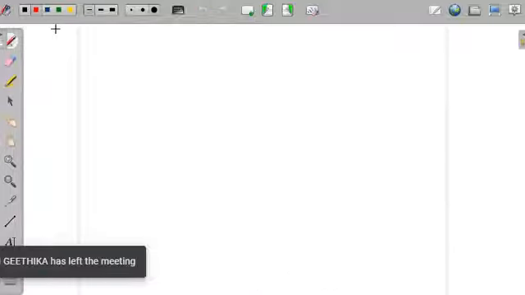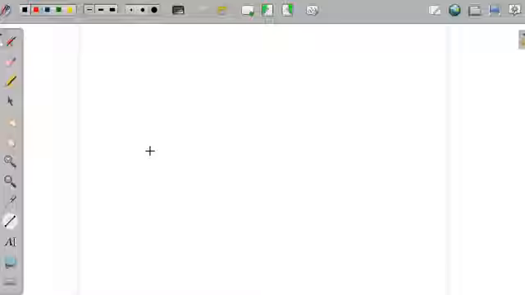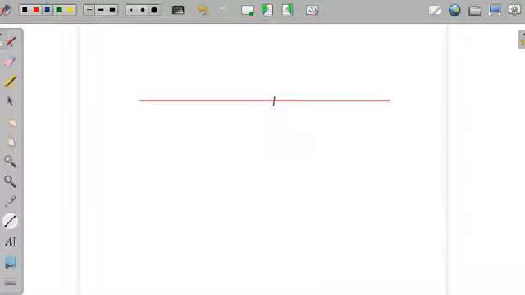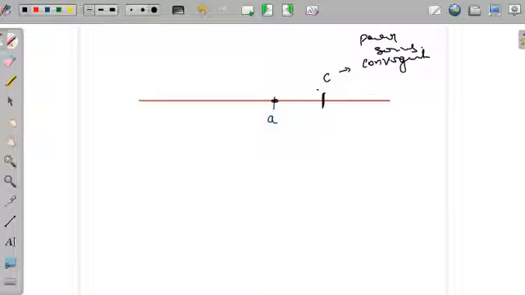For example, let's assume that you have taken a power series centered at some point A. Suppose you came to know that the power series is convergent at some point, maybe C. The interesting thing here is that you take a neighborhood around A with the distance of C, from here to here. In this interval, the entire summation is going to be convergent.